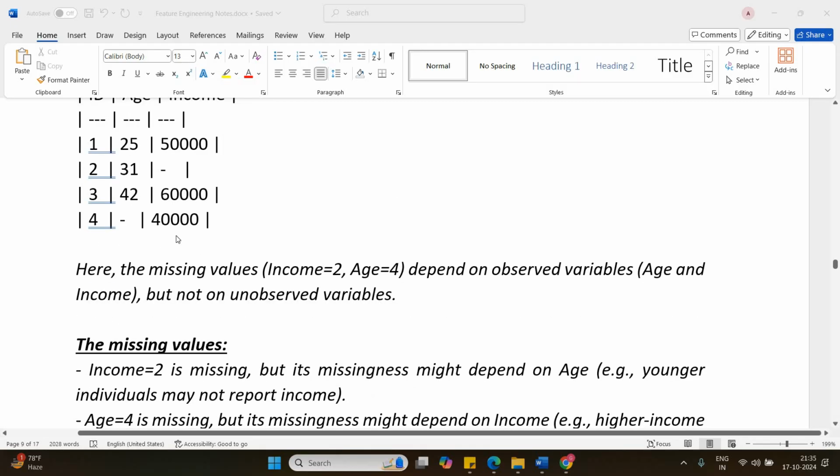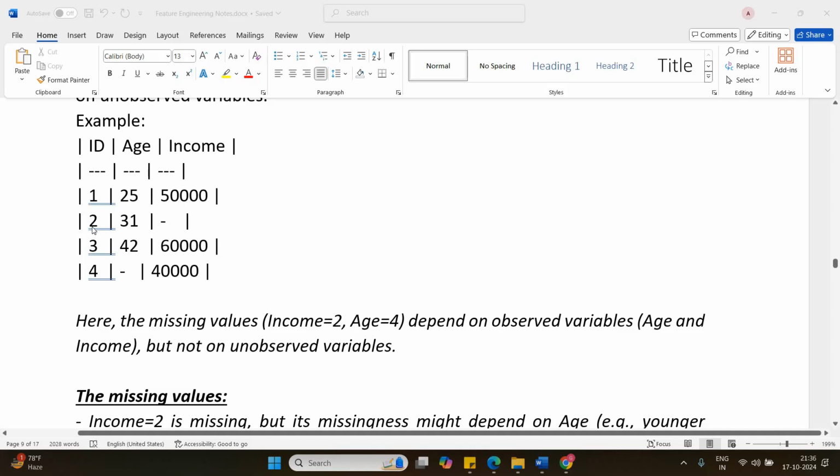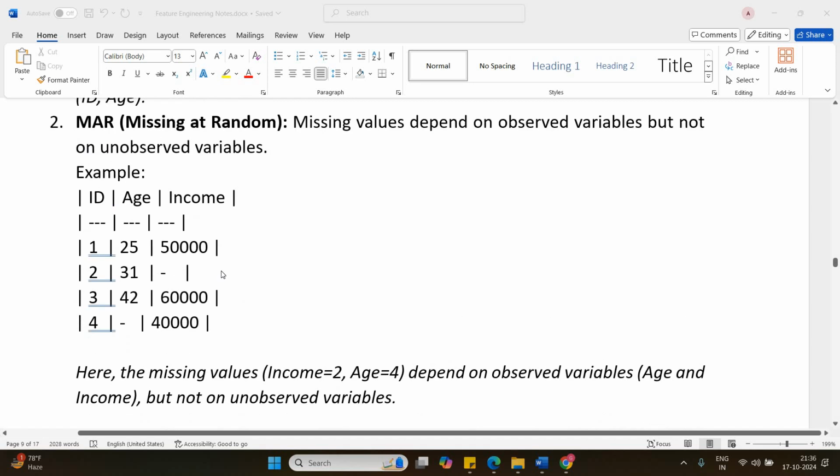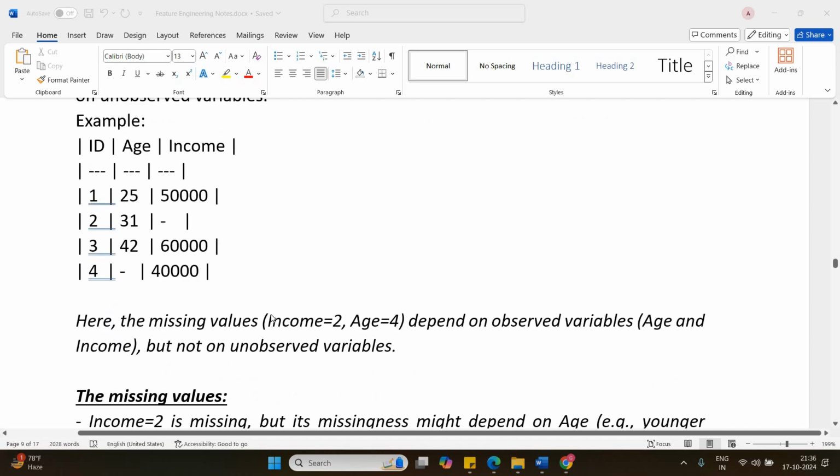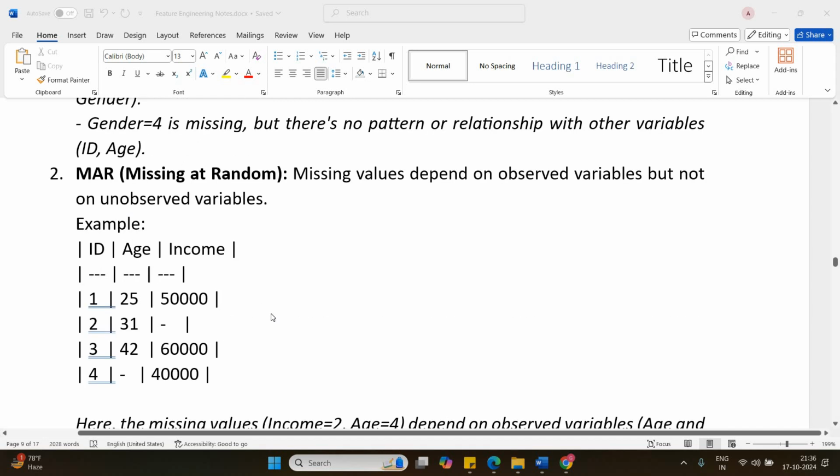For example, here you can see the data is missing for the second row and the fourth row. In the second row, the income is missing, and in the fourth row, the age is missing. This is just a reference to help you understand it.